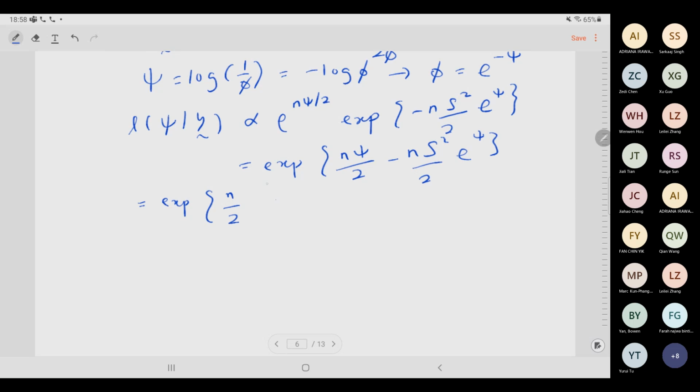So you have this, and then you have exponential x squared plus bracket.